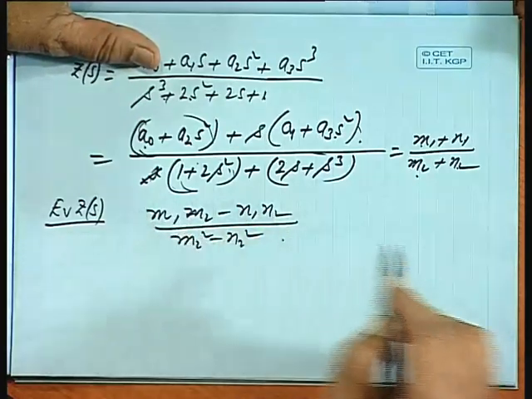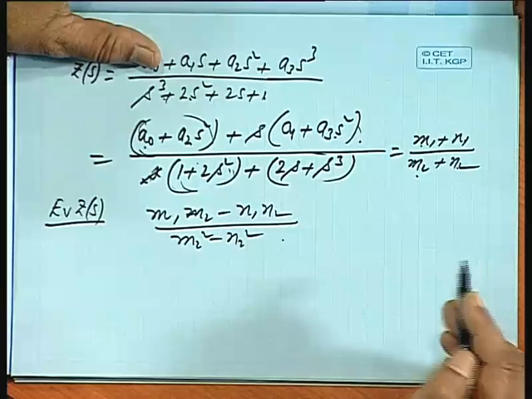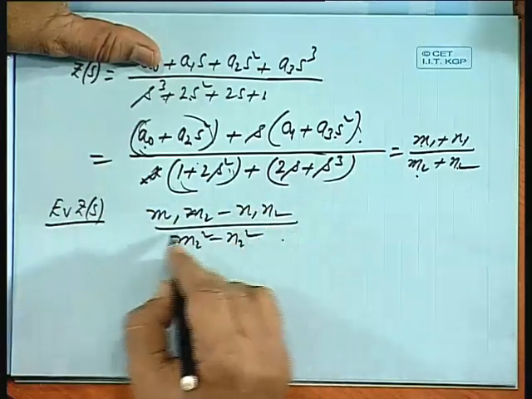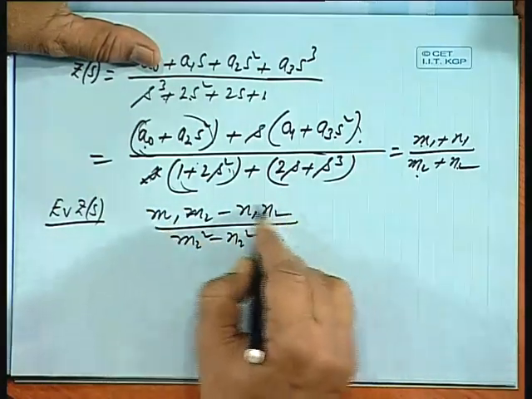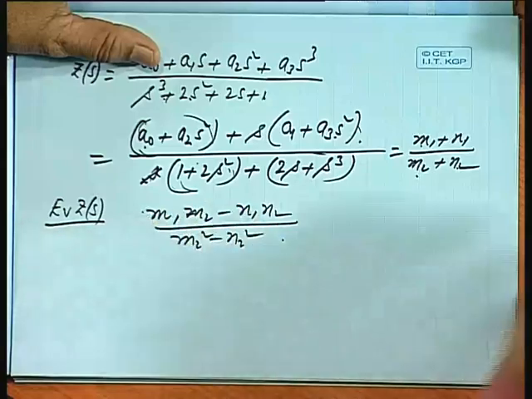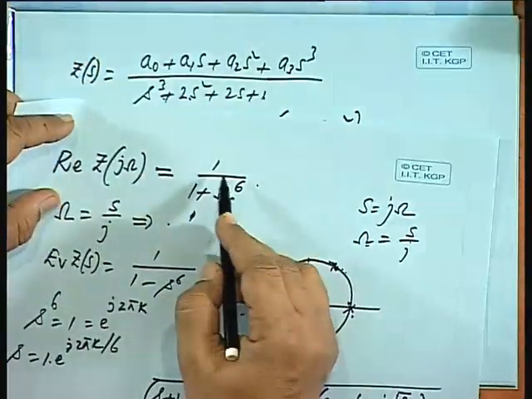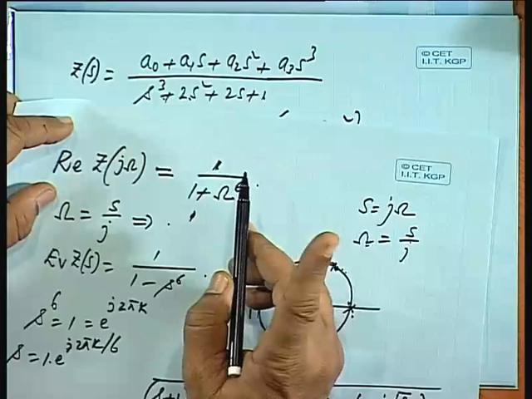This is the even ZS. The numerator part is already known, what was given as 1, the numerator corresponds to 1.